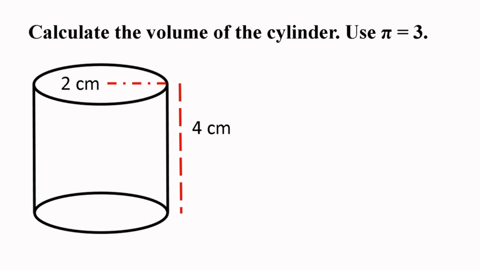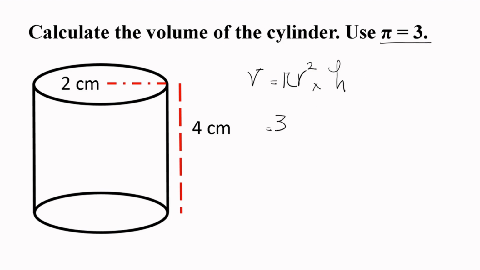The first example says calculate the volume of the given cylinder, and it says use pi is equal to 3. Okay, we are going to write the formula V is equal to pi r to the power of 2, which is the area of the base, times height. Pi here, the question says that you can use 3.